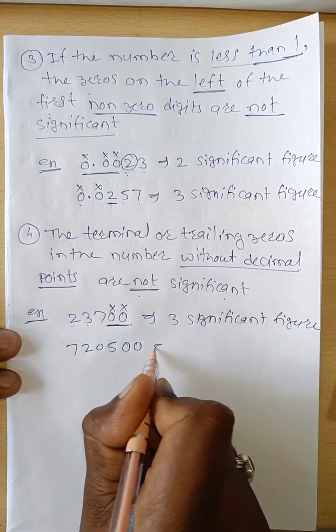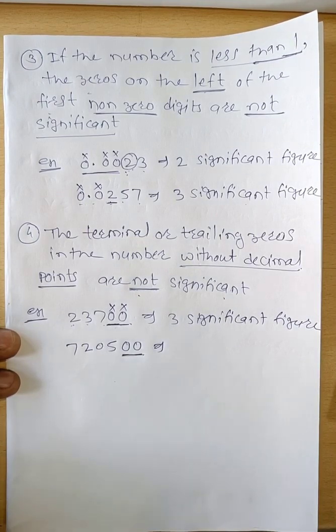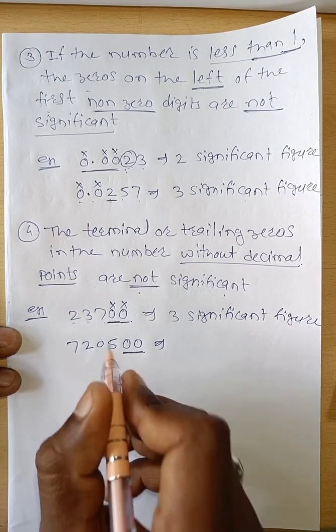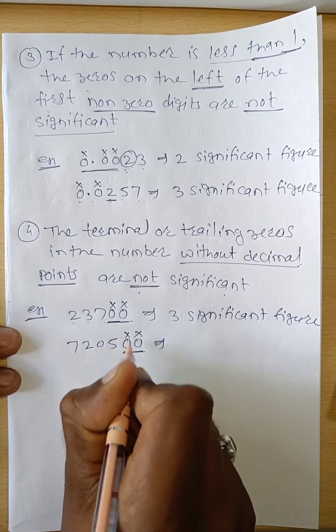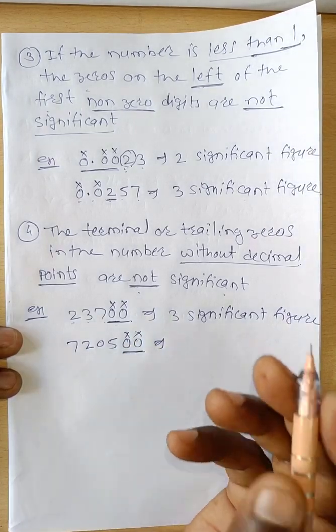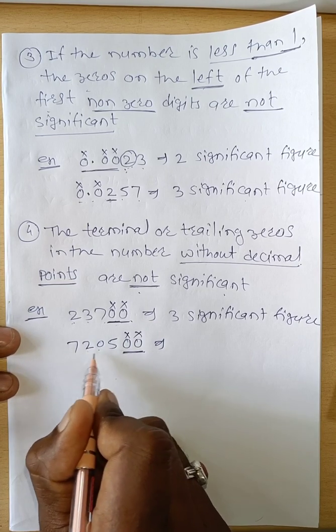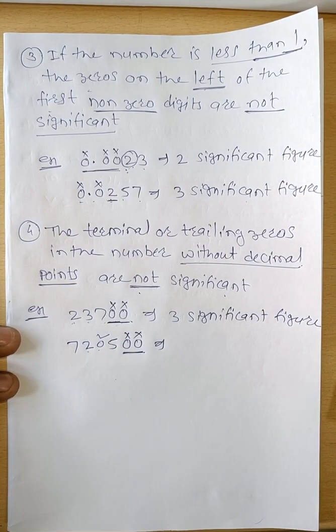720500. In that case these are the two trailing zeros, and in that number no decimal point is present. Therefore this zero is not significant, this zero is also not significant. But this zero is present in between two non-zero numbers, therefore this zero is significant.